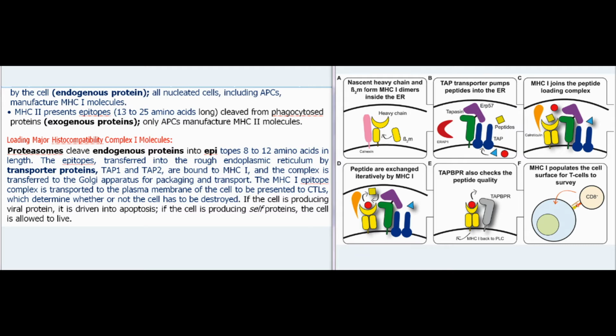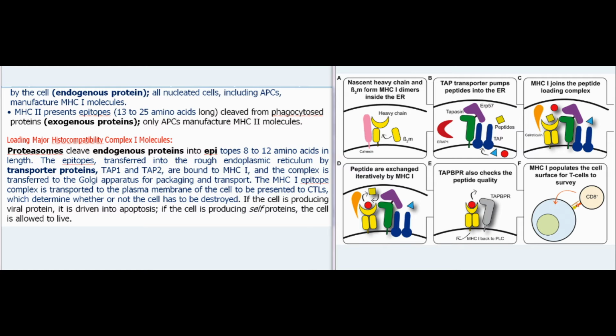Loading major histocompatibility complex I molecules: proteasomes cleave endogenous proteins into epitopes 8 to 12 amino acids in length. The epitopes, transferred into the rough endoplasmic reticulum by transporter proteins TAP1 and TAP2, are bound to MHC I, and the complex is transferred to the Golgi apparatus for packaging and transport.